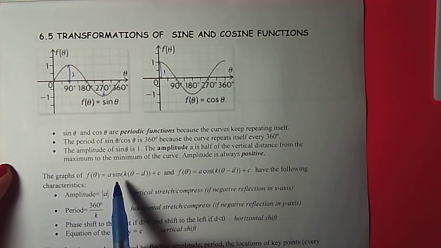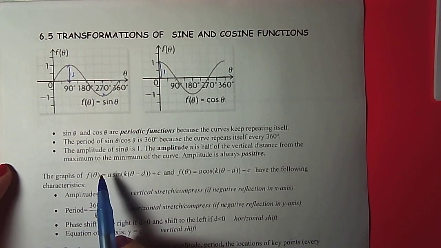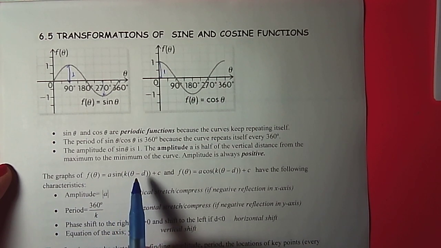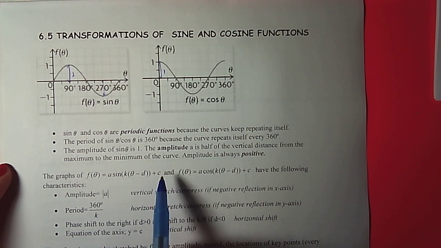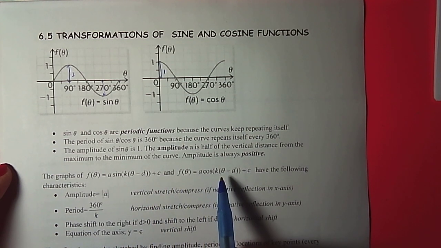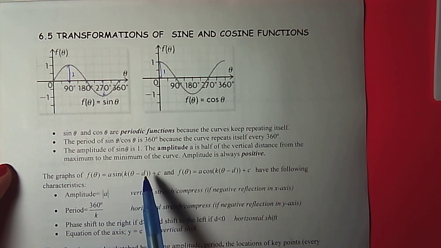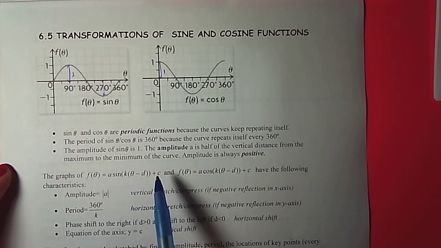So the transformations on sine function can be represented as a times sine k times (theta minus d) plus c, and same thing with the cosine function. So you already know what a, k, d, and c represent because we worked with transformations of other types of functions such as transformations of exponential functions or transformations of square root functions.